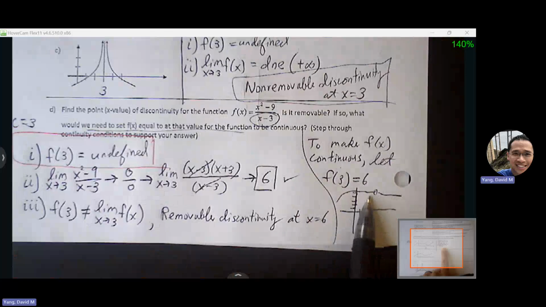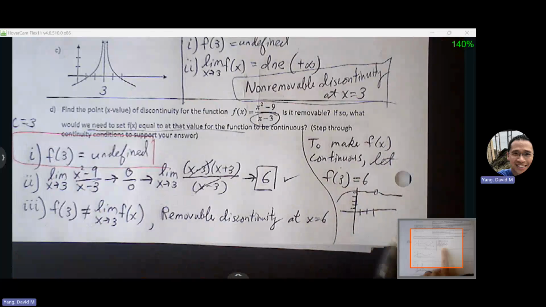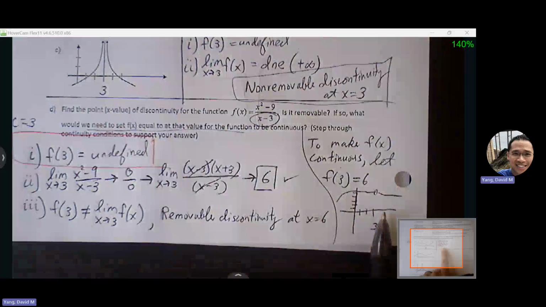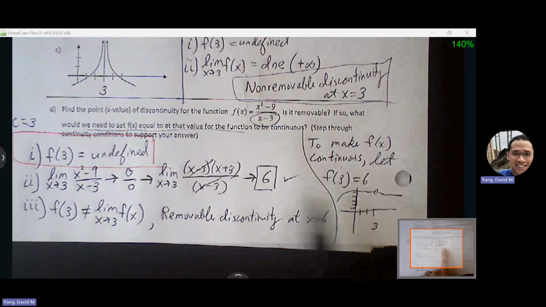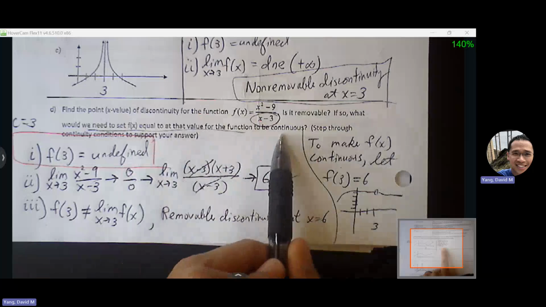The graph looks something like this right now. There's a hole, the limit exists. But if we want to fill in that hole, we can just redefine f of 3 equal to 6 to allow for the graph to become continuous.